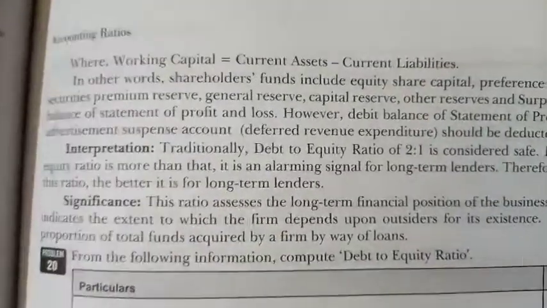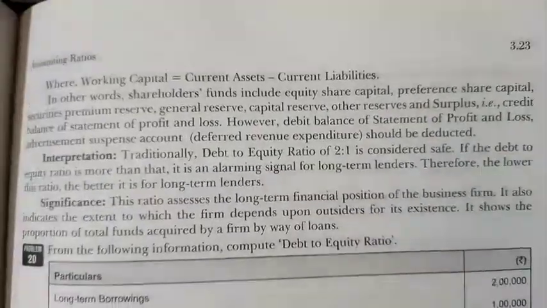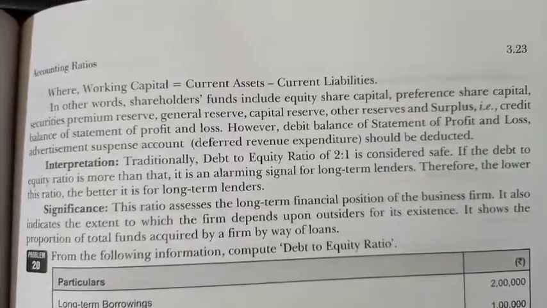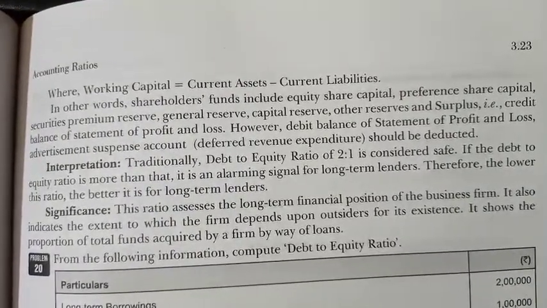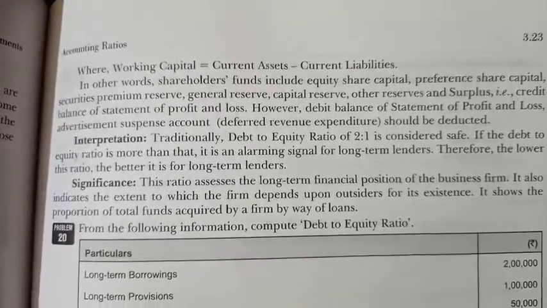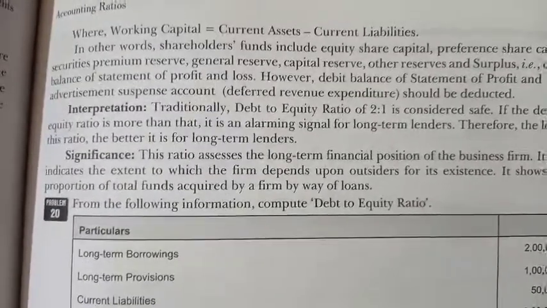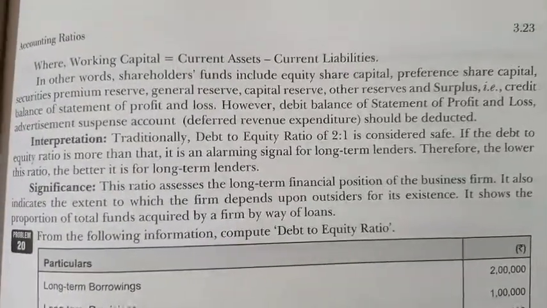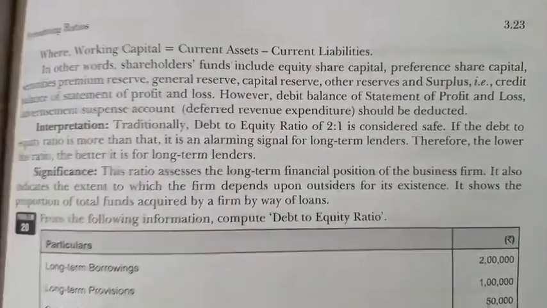In other words, shareholder fund includes equity share fund, preference share capital, security premium, reserve, general reserve, capital reserve, reserve and surplus. So interpretation: debt to equity ratio of 2:1 is considered safe.